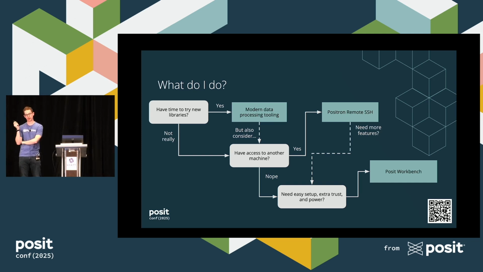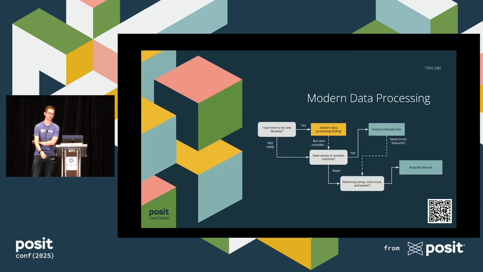I'm going to talk a little bit about a feature that I work on that I'm really excited about called Positron Remote SSH, which, now that I say it out loud, sounds really sci-fi, but it's not. It's regular. And then I also want to give a call out to Posit Workbench, which has been mentioned before, but it's our enterprise solution that I think adds a lot of features as well.